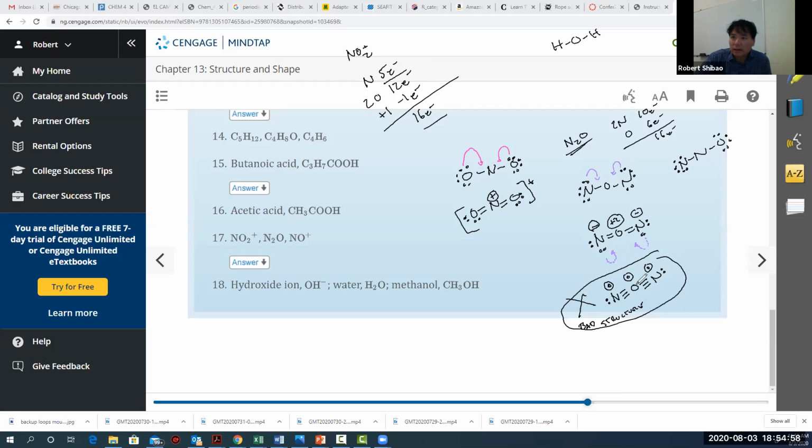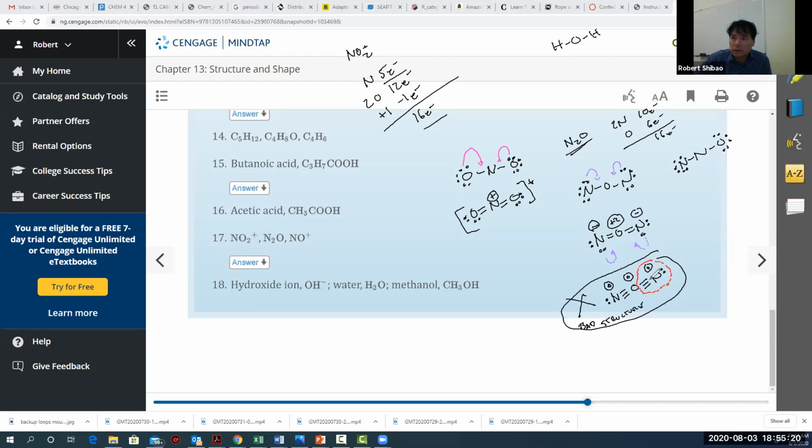Nitrogen's okay because when we look at nitrogen, nitrogen still has an octet. So that's 2, 4, 6, 8. And so both nitrogens are happy. The problem has to do with oxygen.